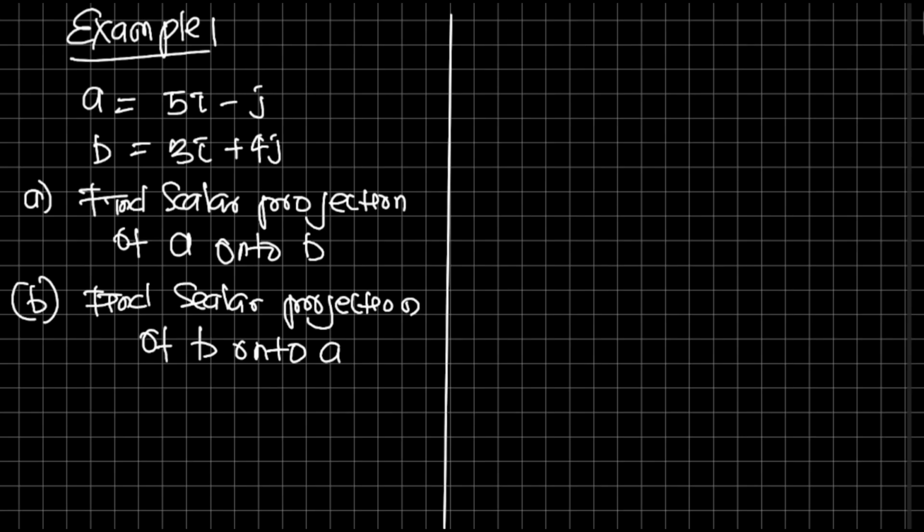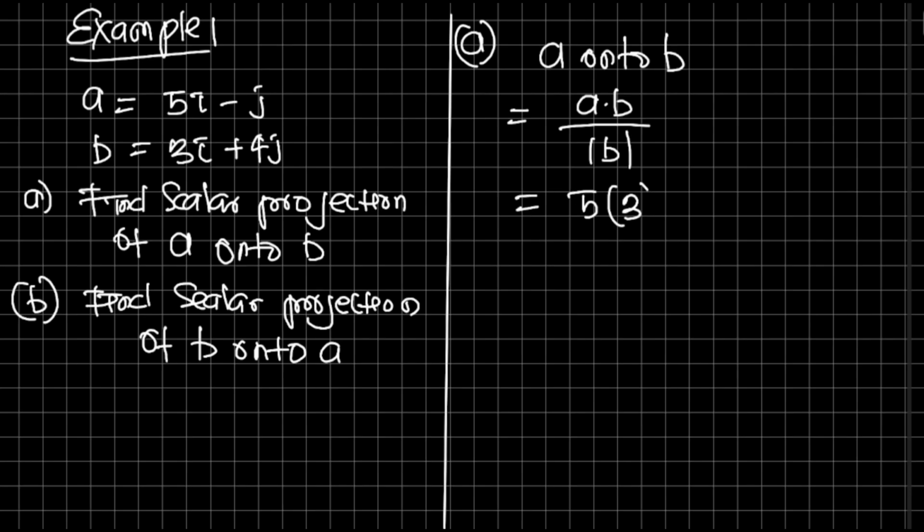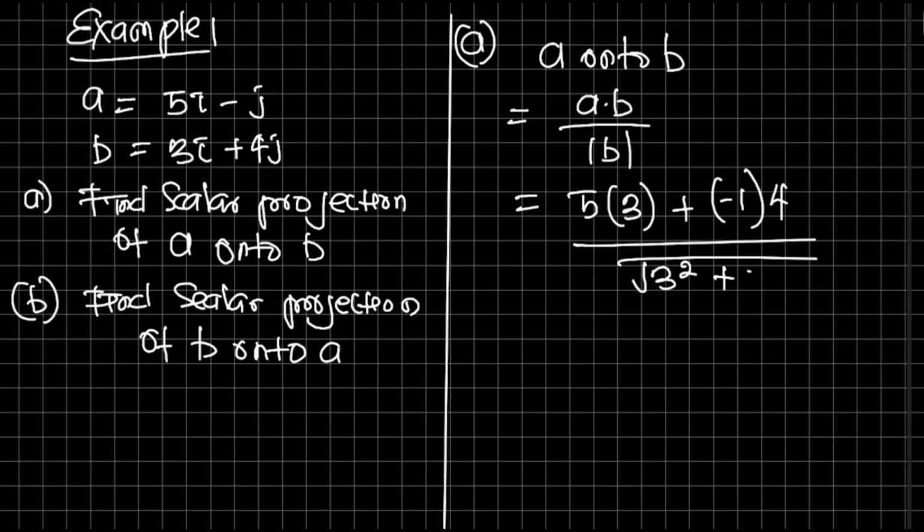Alright, let's start with A. The projection of A onto B equals the magnitude. You don't need to draw it, but if you want to, you can. You can just state your formula right away. That would be A dot B all over the magnitude of B, which is 5 times 3 plus minus 1 times 4, all over the square root of 3 squared plus 4 squared.